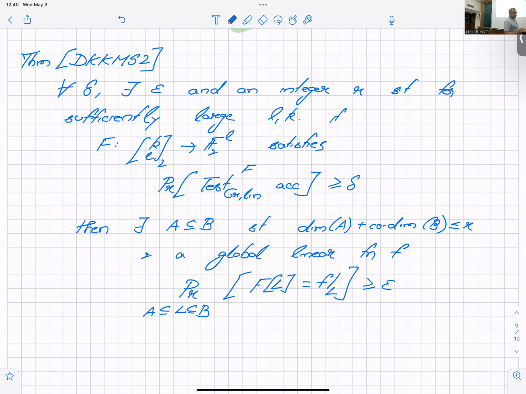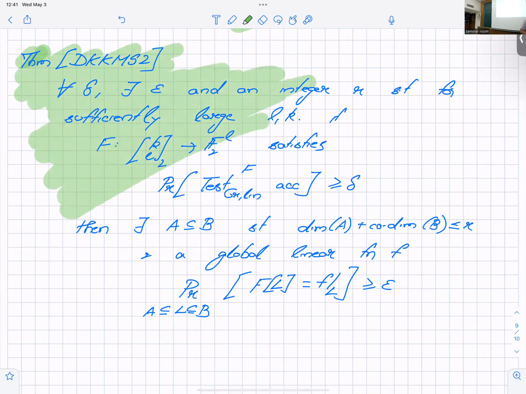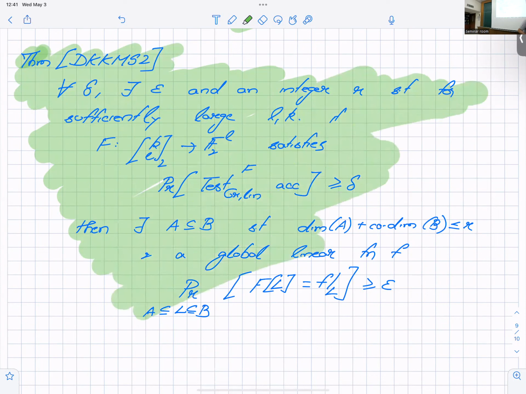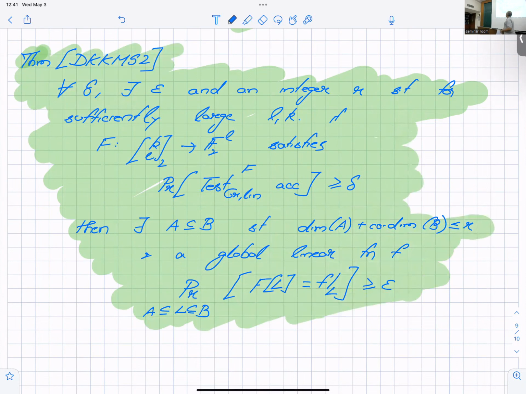This theorem from the previous theorem is a triviality. We'll just say it's like a 3-line argument. What did DKKMS1 do?